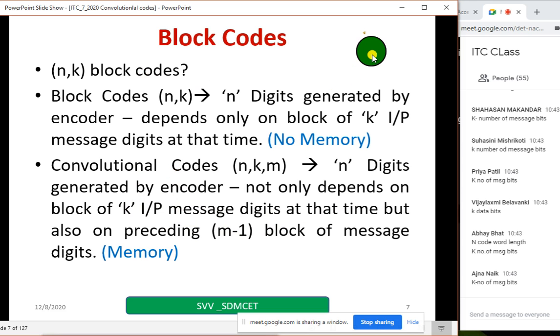Take a minute and try to copy down the basic difference between block codes and convolutional codes. What you can note down: block codes don't have any memory. The present output depends on the present input. In case of convolutional codes, the present output depends on the present input, and not only the present but also the previous inputs. I want you to copy down at least two lines so that we can go to the next slide.